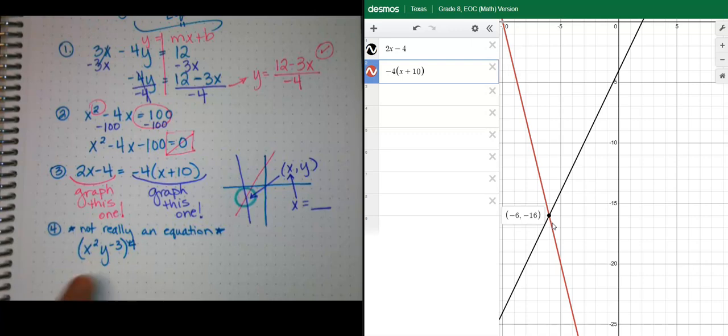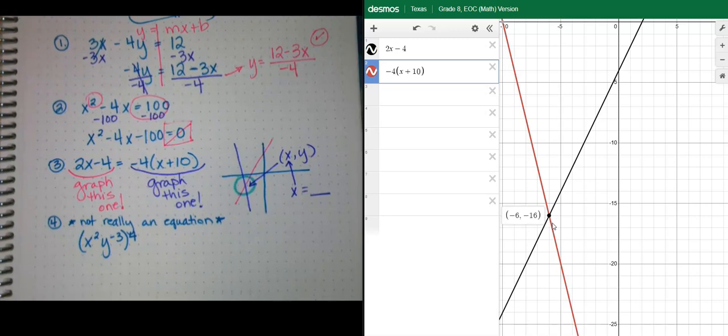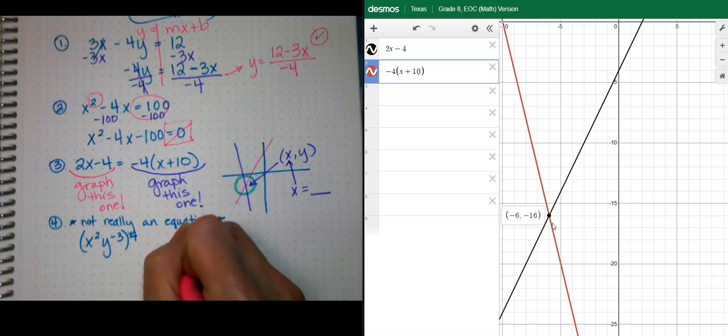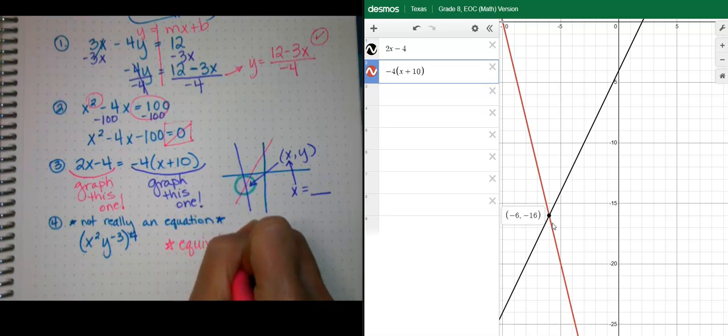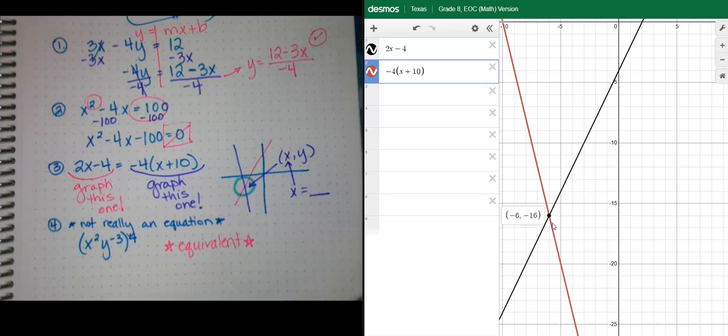These are your ones that usually say which of the following is equivalent to this, and we already know our equivalent trick. So equivalent means I can't do it with x's and y's, right? It must say the word equivalent, or it can say they're equal, but usually they use the word equivalent, and it must be multiple choice.